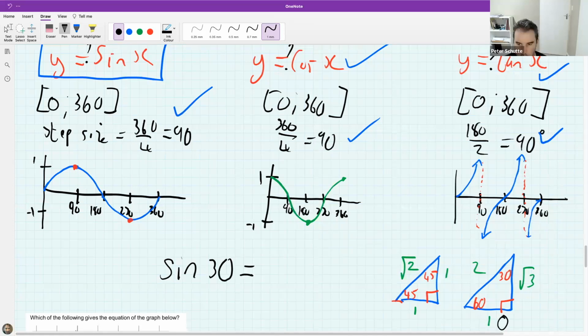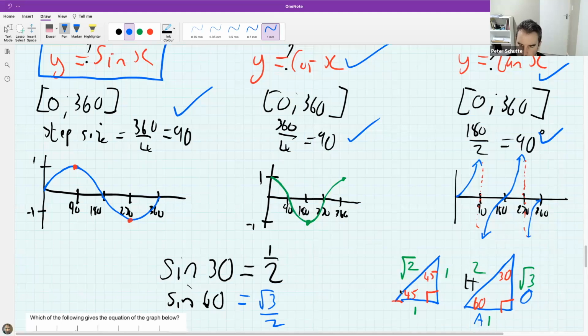It's going to be O, and then this is the H, and this is the A. The sine of 30 would just be O over H, or 1 over 2. Whereas if I wanted to know what the sine of 60 would be, well, then the 60 would be the thing causing the O, and this would be the A, and the sine of 60 would just be root 3 over 2. So you just have to memorize these two triangles to help you work those out.